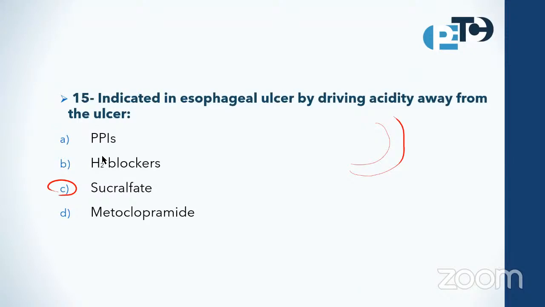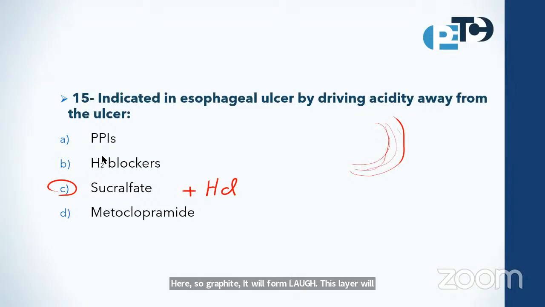Here, what is sucralfate doing? Sucralfate in the presence of HCl will form a layer. This layer will protect the wall of the stomach. Okay? So, you should not use sucralfate with antacids or H2 blockers or PPIs at the same time. Why?